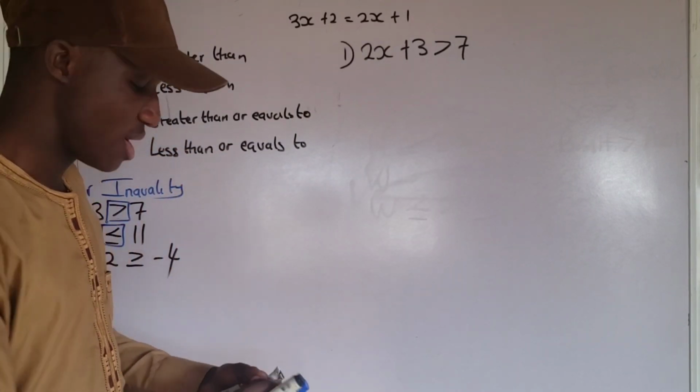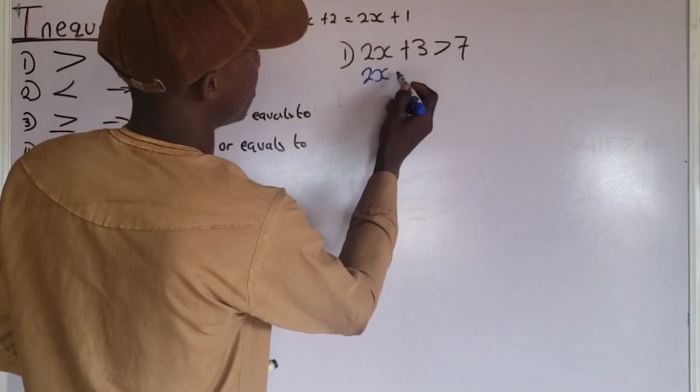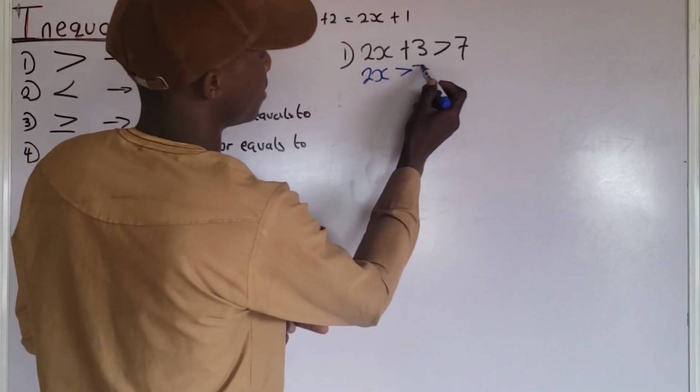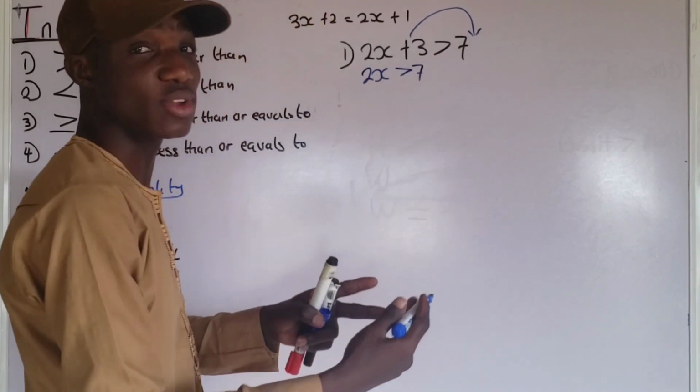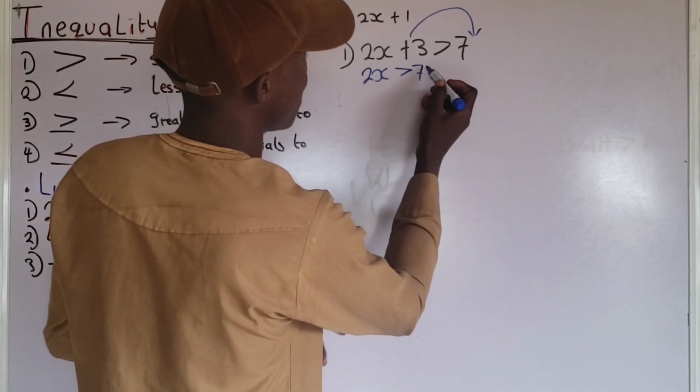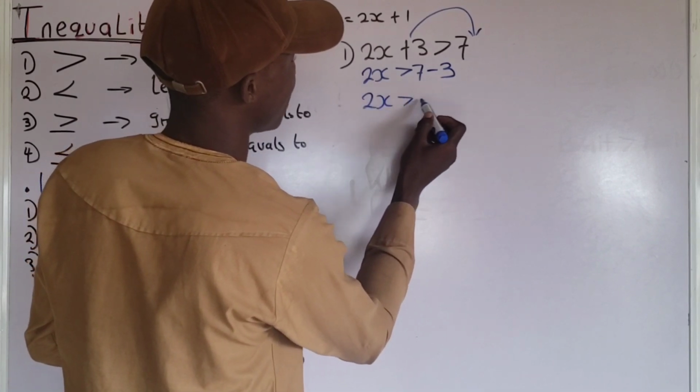So here I'm going to have 2x is greater than 7 minus 3. So here I'm going to have 2x is greater than 4.